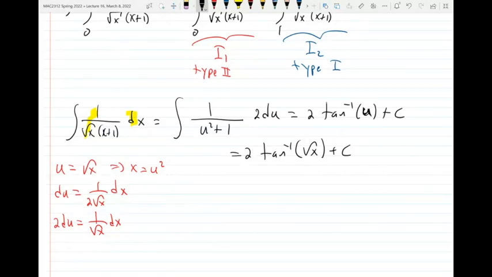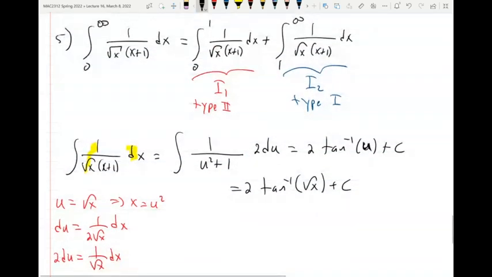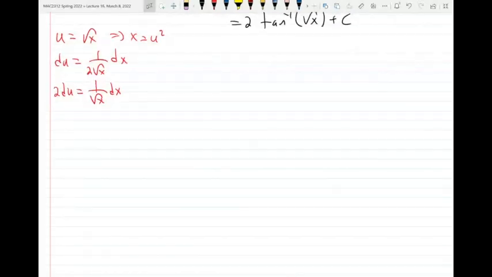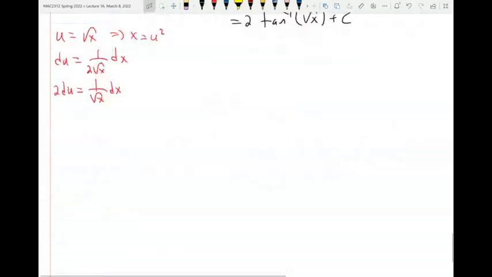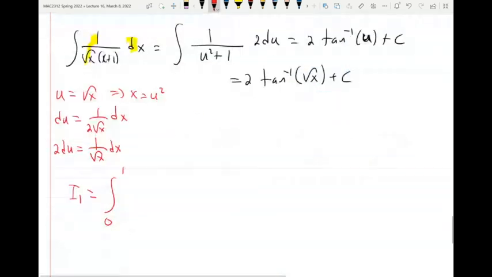So that's what we get, and now you just need to take the limit. So let's do it the way we finish it. I1 was the integral from 0 to 1 of that.